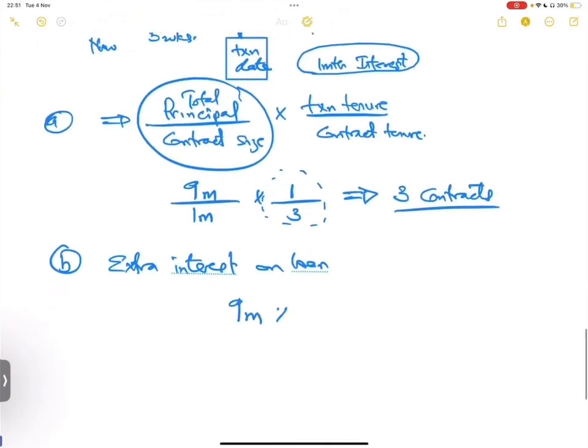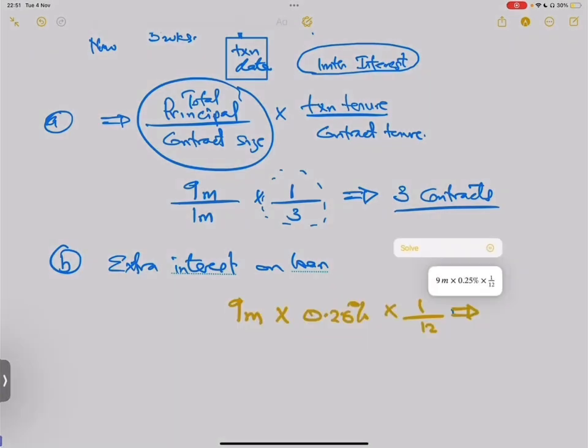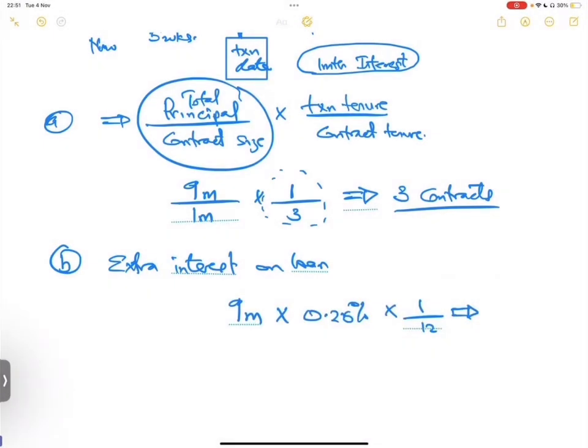So 9 million, 25 basis points means 0.25%, and this is for 1 month, so divided by 12 times 1. So the extra interest, if we had not hedged, would have been how much? $1,875.